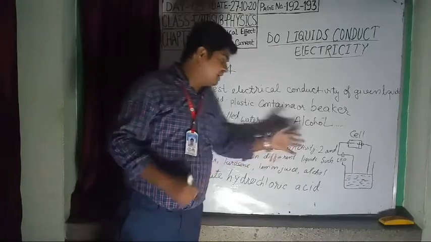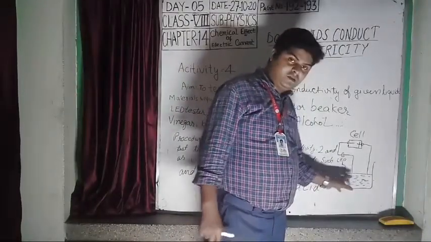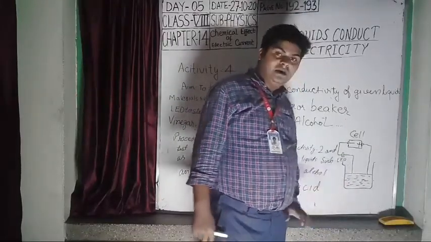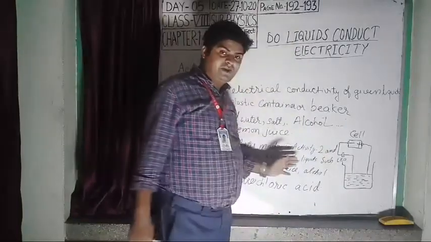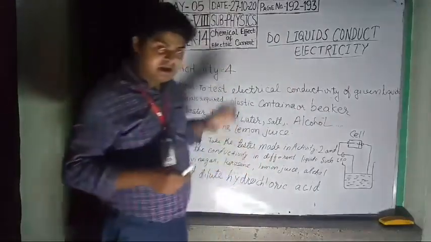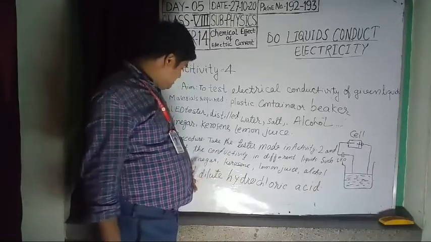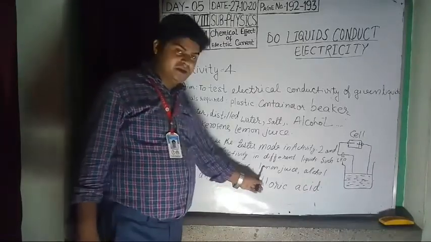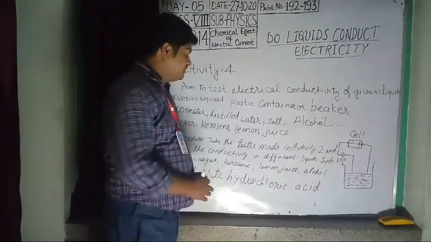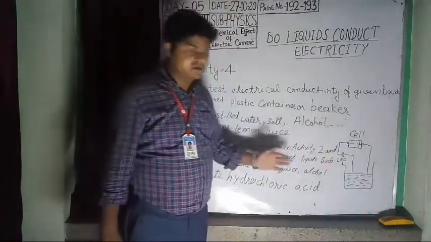You will put them one by one in the container or beaker and check whether the LED bulb glows or not, and then make a list. You will prepare a chart, and in the left column you will write vertically all the things: vinegar, kerosene, lemon juice, alcohol and dilute hydrochloric acid. Check one by one, and when the result comes out, you will write whether the LED bulb glows or does not glow.